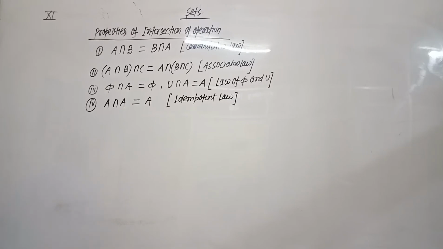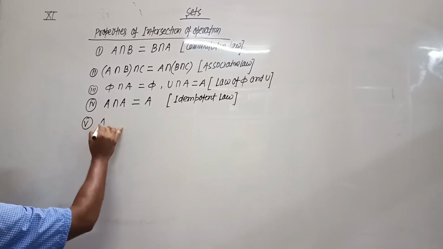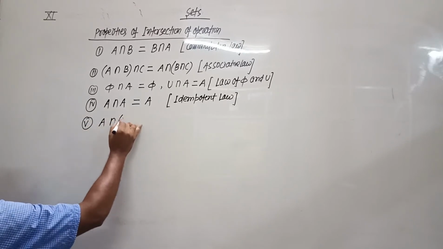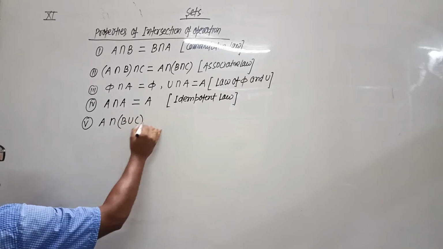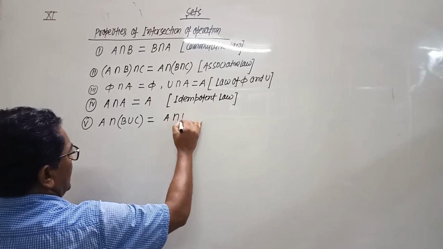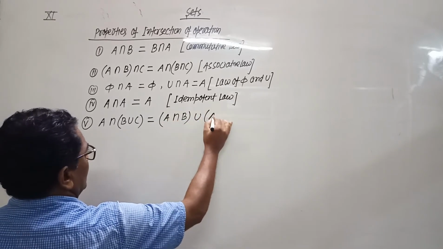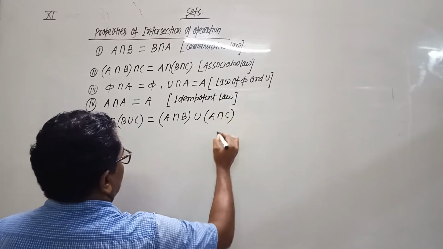And there is distributive law. A intersection (B union C) is written as (A intersection B) union (A intersection C).